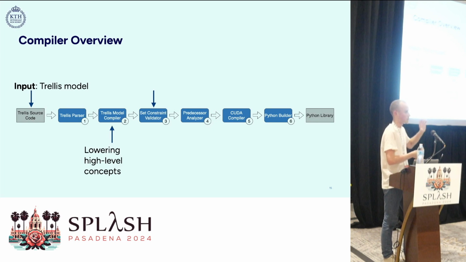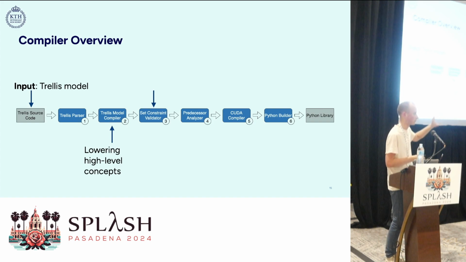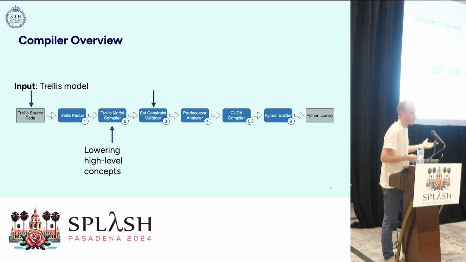For instance, when we have multiple cases in the transition probability function, we want them to be disjoint because this allows us to generate much more efficient code, because we don't have to do any bookkeeping of which predecessors we've seen so far. And we do this using the Z3 prover.